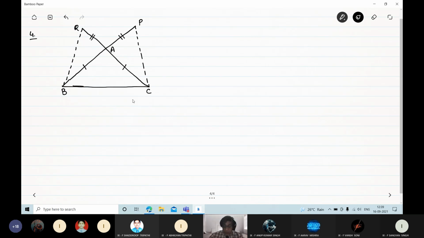This is also given to us. We have to prove three things. The first part is that triangle APC is congruent to triangle AQB. The second thing that we have to prove is that CP is equal to BQ.